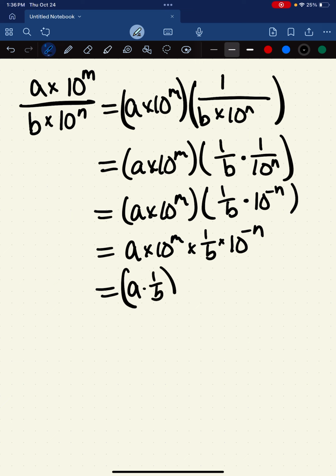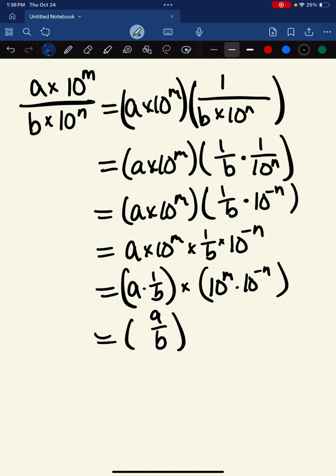And then using the commutativity property, we can put a times 1 over b together. And we can reintroduce the associativity property. We can put 10 to the m times 10 to the negative n together. So we get a over b times 10 to the m minus n.